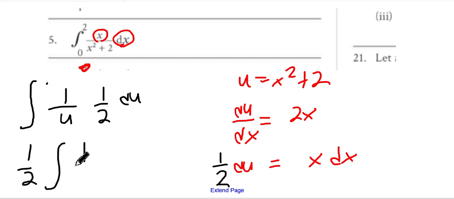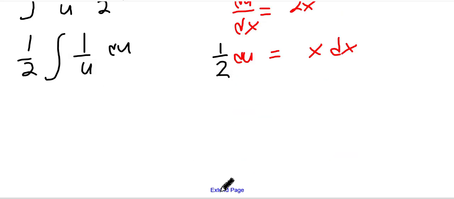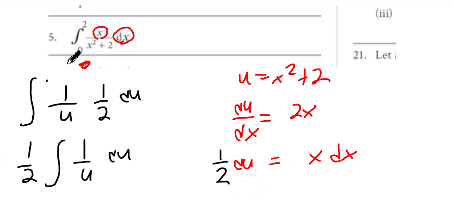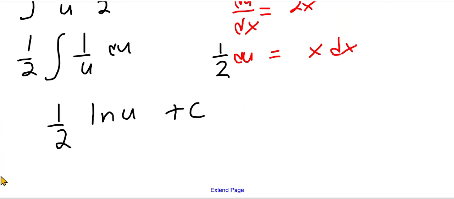Half the integral of 1 over u du. Now what is that? What happens when you integrate 1 over u? ln u. There would be a plus c here, but because the original question has limits, I'm not going to do that, okay?